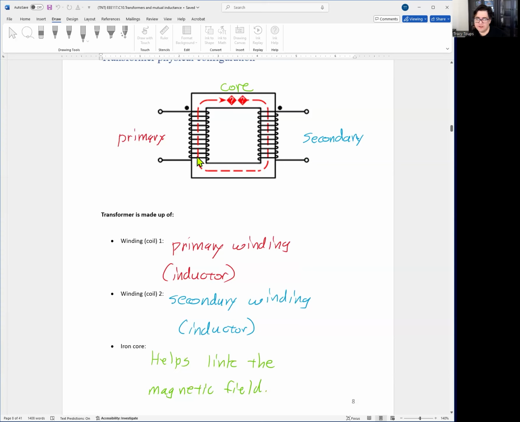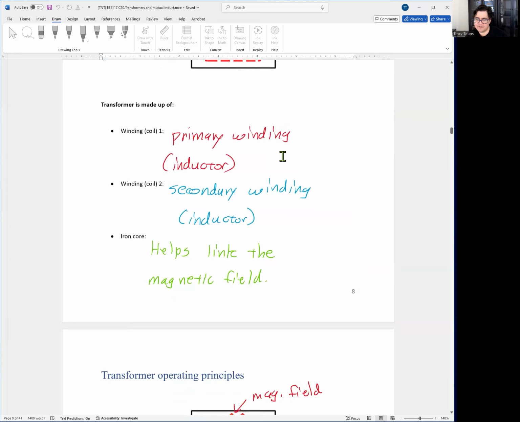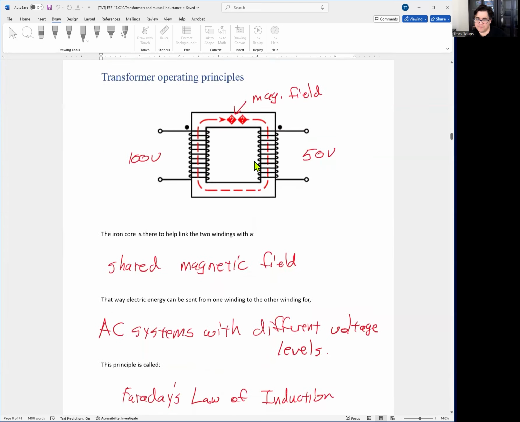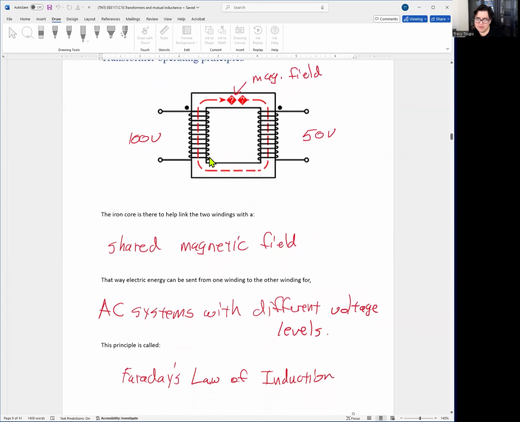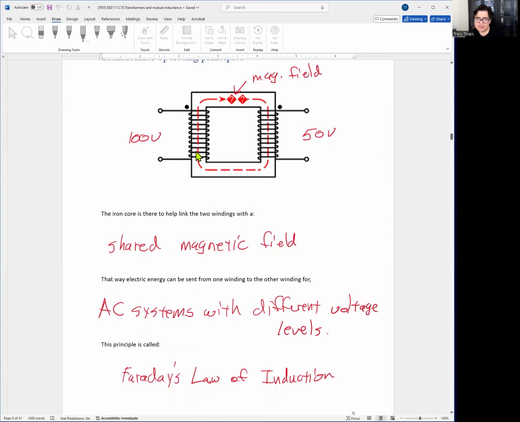Okay. So these two windings are now linked with a shared magnetic field. That's what this dotted red line is. It's a shared magnetic field. We can have a certain amount of voltage on one side, and then it'll induce a magnetic field here on the left side.